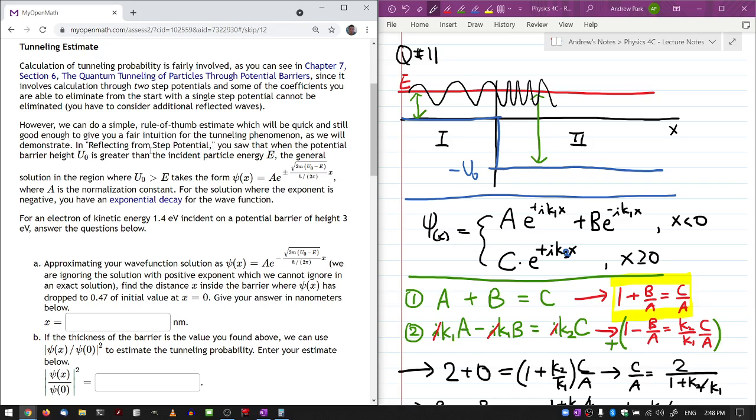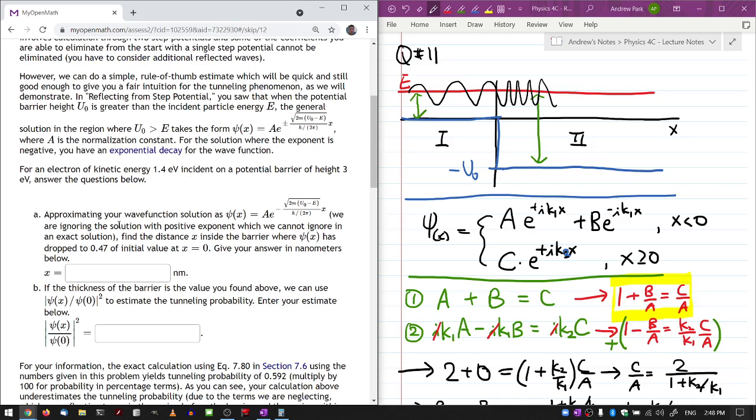Where U naught is greater than E, it takes this exponential decay for an electron of energy incident on a height of 3 eV. I feel like this is something that you can just do yourself. Well, I'll do the calculation, but I won't give a whole lot of explanation.